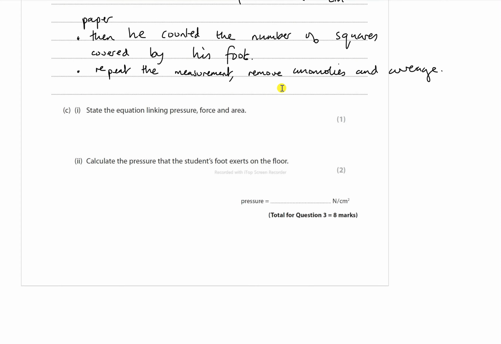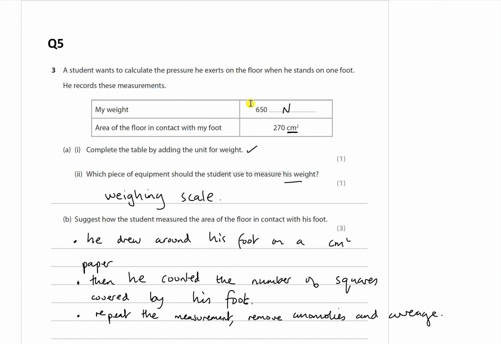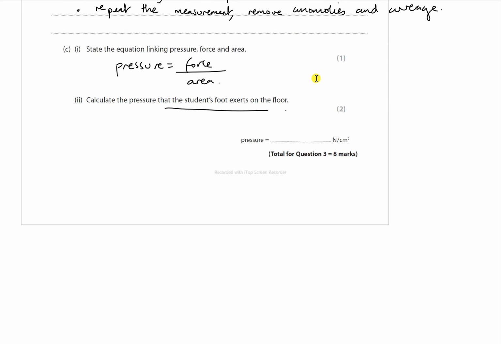Right, okay, state the equation. So we know pressure equals force divided by area. Calculate the pressure of the student's foot. What information have they given us? They've given us a force of 650 and an area of 270.